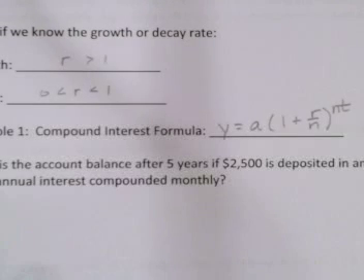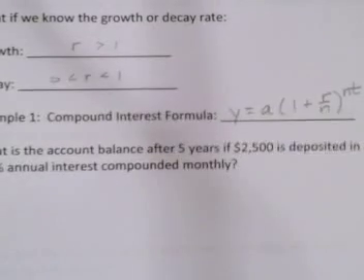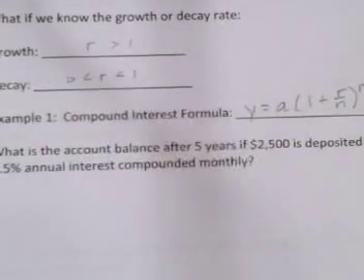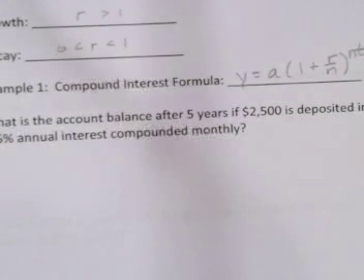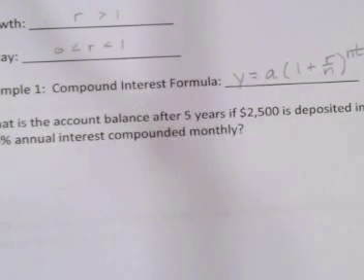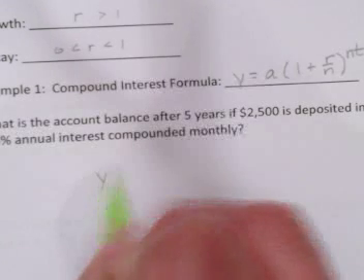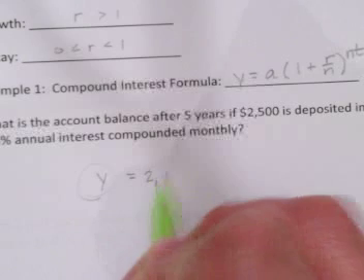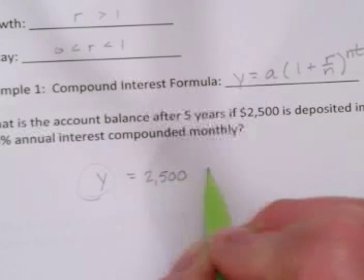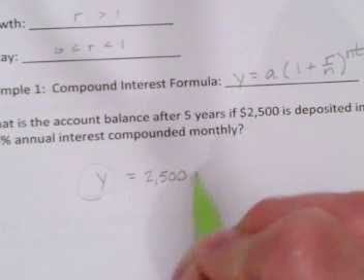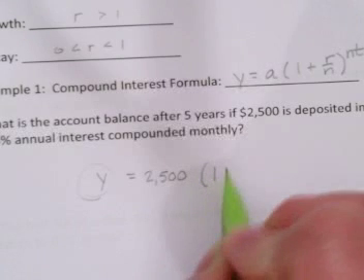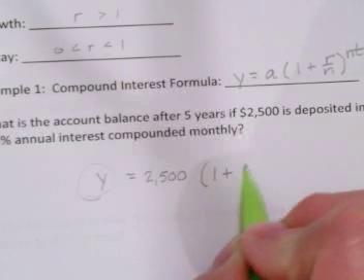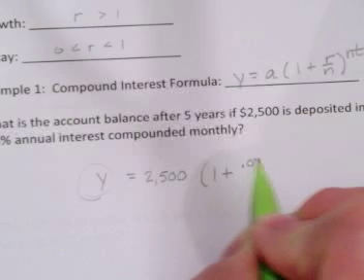So there's an example here. It says, what is the account balance after 5 years if $2,500 is deposited in an account that pays 7.5% annual interest compounded monthly? So here's an application of our compound interest formula. They're asking us to find the final balance, and they're saying our principal amount that we invested is $2,500, and we're being paid a rate of 7.5%.